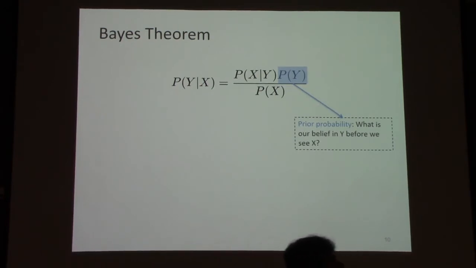Prior probability is our belief that the event Y happens. Think of it as, let's say, the grass is wet, that's X, and Y is what we care about, the probability that it rained last night.